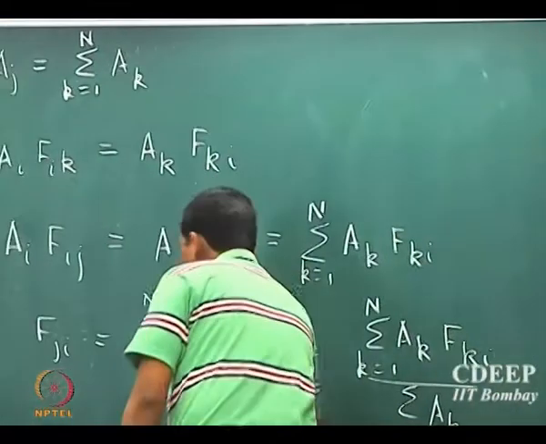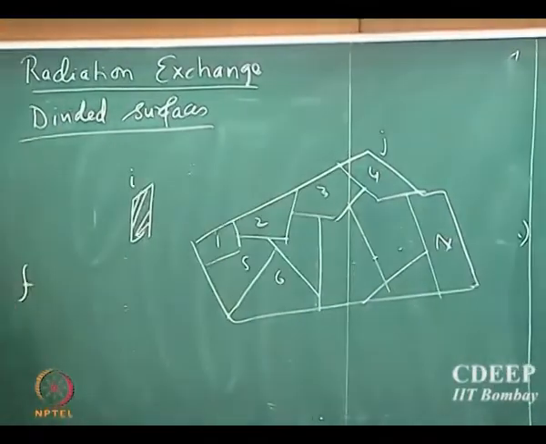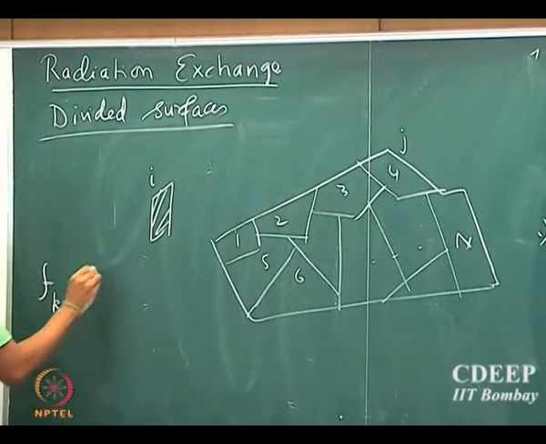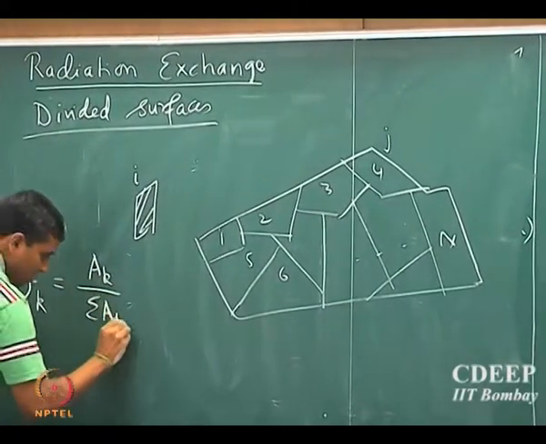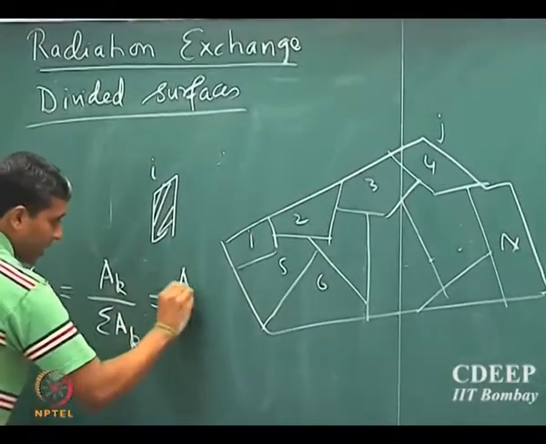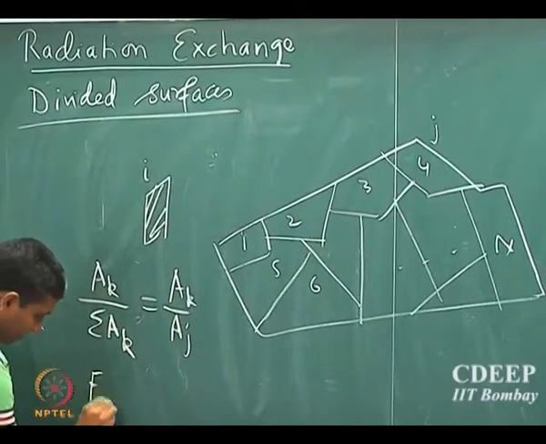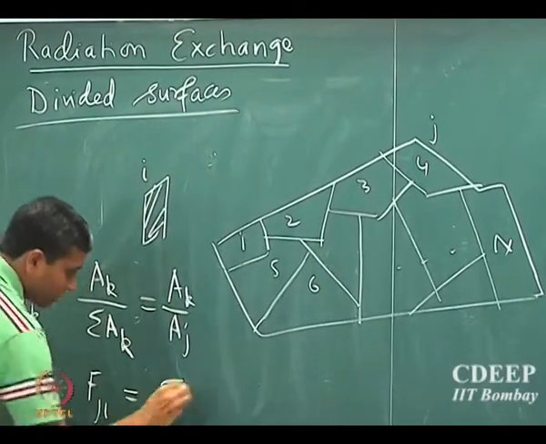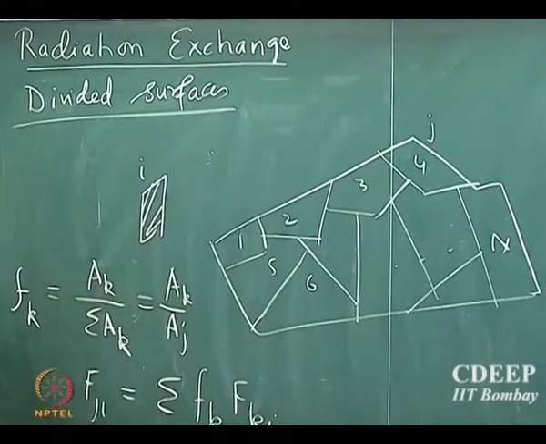So if I call small f the fractional surface area, Ak by the sum, that is nothing but Ak by Aj. So Fji is nothing but the sum over all k of fk Fki. Okay.